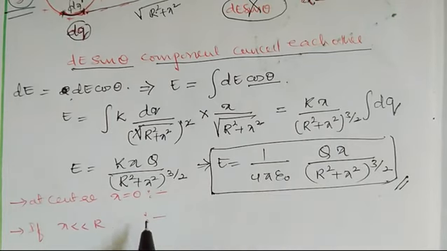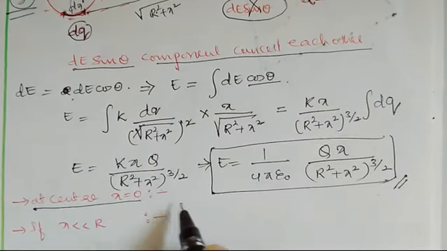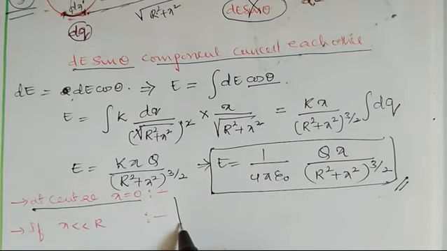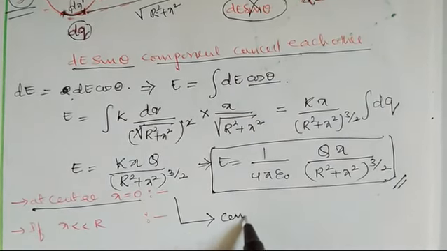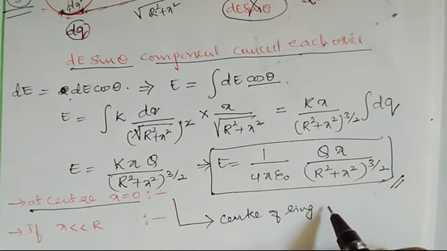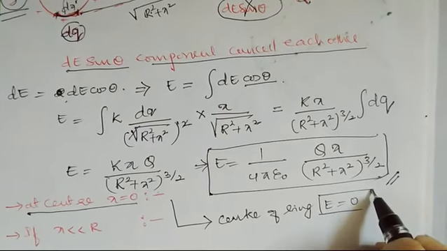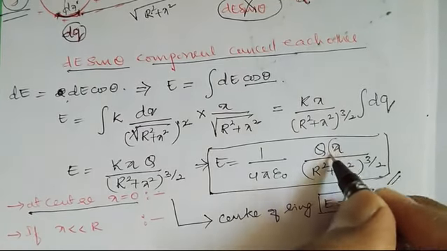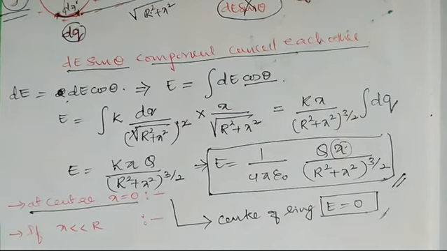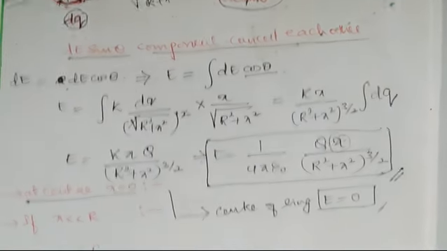Now see, at the center, if x is equal to 0, that means the center of the ring, the electric field will be equal to 0. Why? If x is equal to 0, then the value of the electric field is also equal to 0.